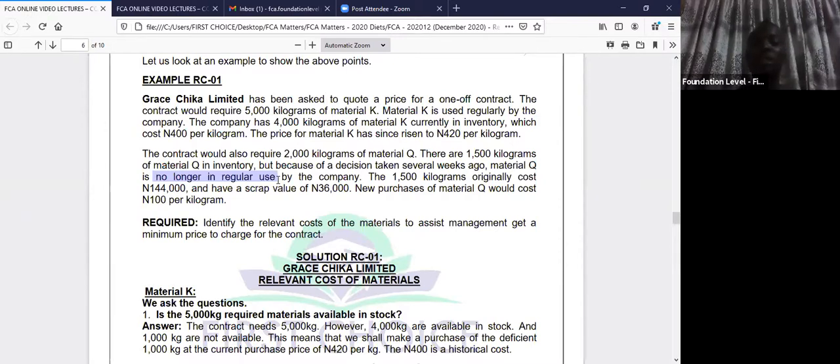Because if it is in regular use by the company, all you need to do is, if you use it, you replace. But now it is not in regular use.